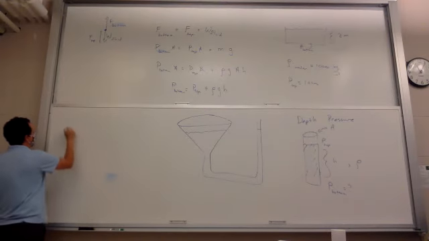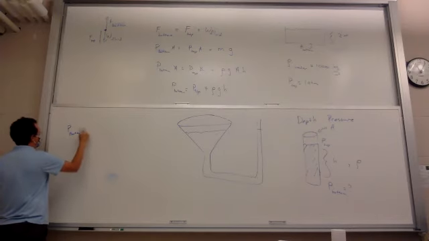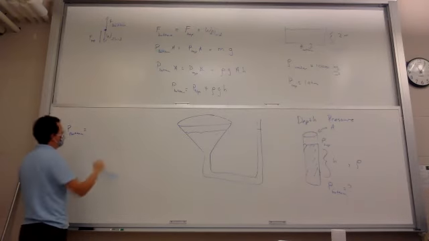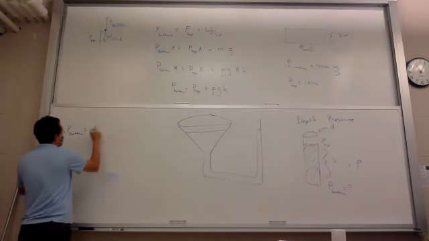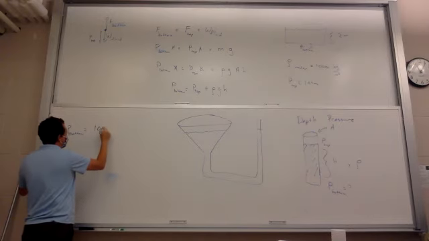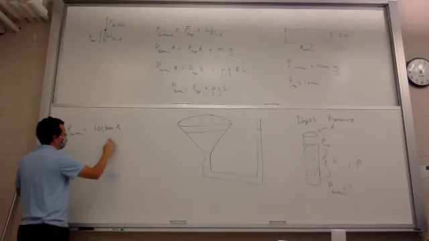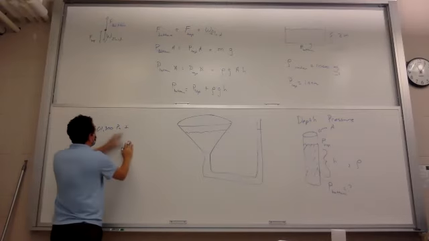In a situation, I would say the pressure at the bottom is the pressure at the top, which is 1 atmosphere. I'll put in all the numbers, but I need to write that in Pascals. So it'd be 101,300 Pascals, newtons per meter squared, plus rho g h.